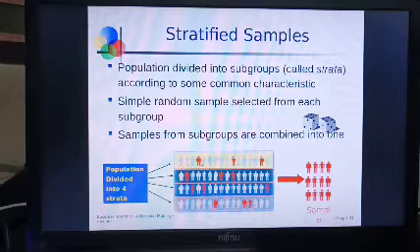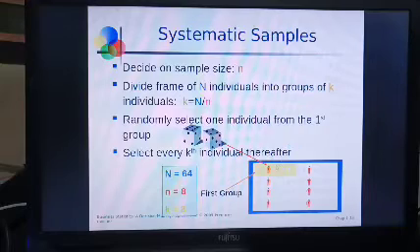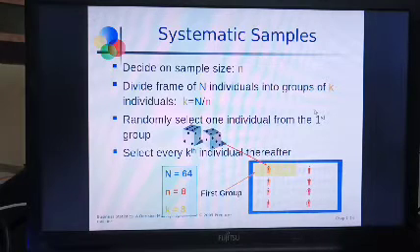What is consistent is that there are 3 from each subgroup, but where in the subgroup they come from is not uniform, and there's no pattern. Here there is a pattern. Okay, that's the main difference between stratified sampling and systematic sampling.